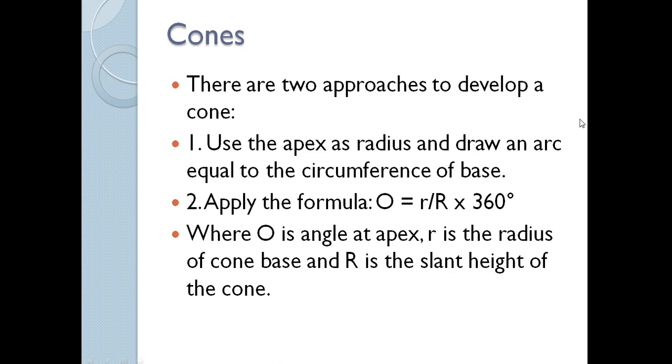There are two approaches to the alpha angle. You could use the apex as a radius and draw the arc equal to the circumference of the base, or you could apply a formula where r is the radius of the base of the cone, big R is the slant distance from the peak to the edge of the base, and then you multiply by 360.